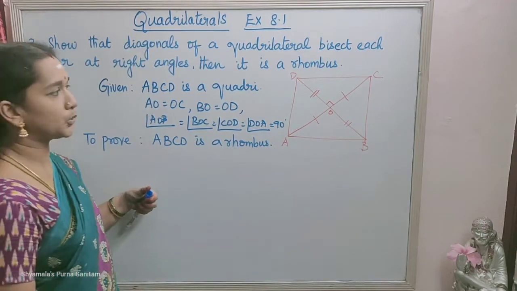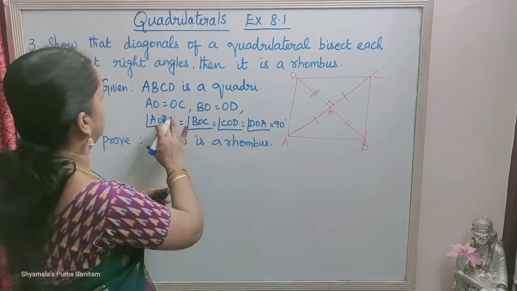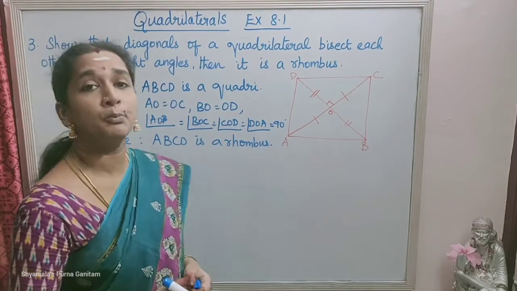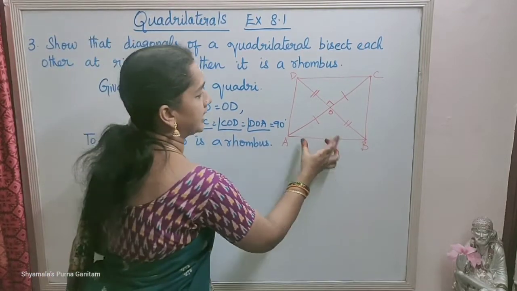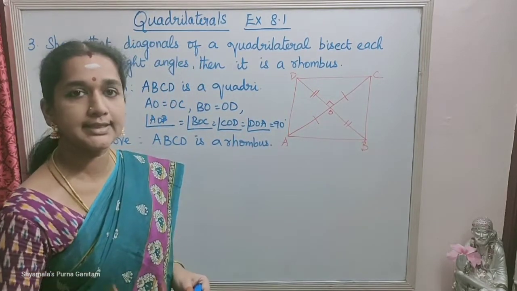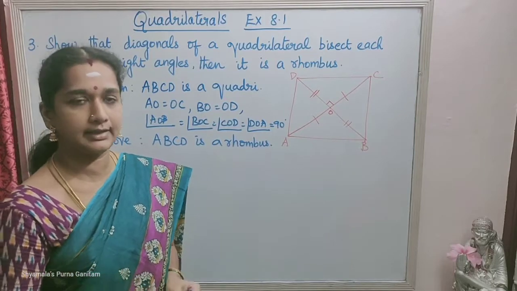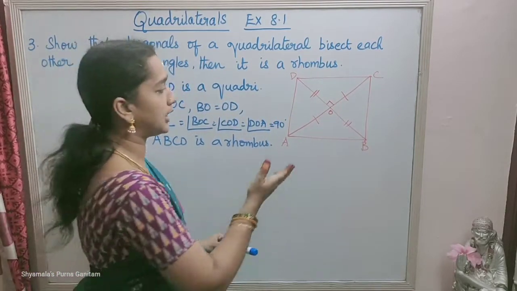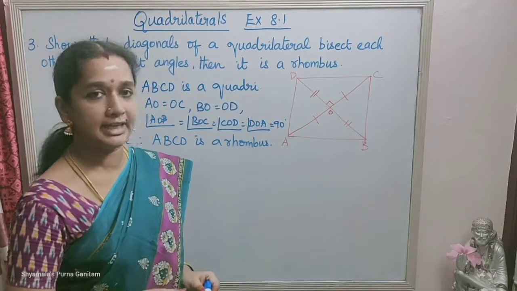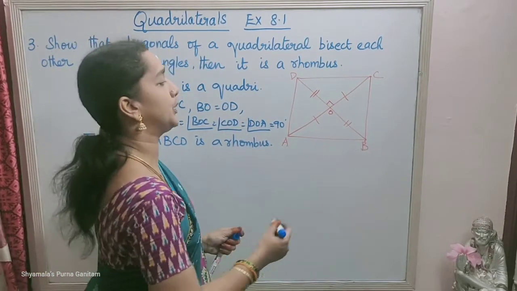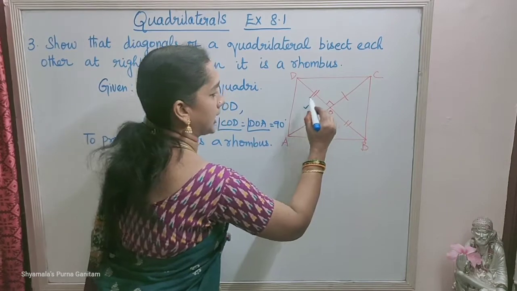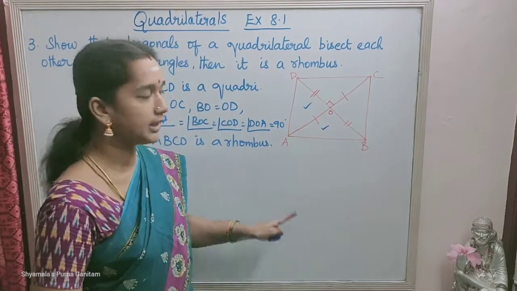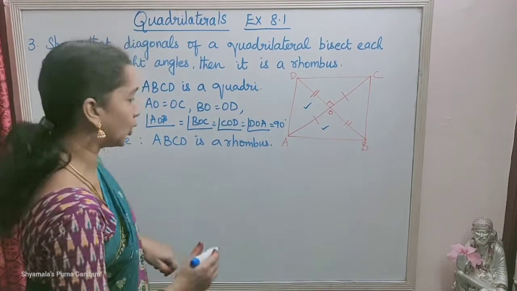So for proving this, these are the things given. For a rhombus, the diagonals bisecting each other at right angles is already a property. We just need to show that the sides are equal in length. For proving that, we will take these two triangles, triangle AOB and triangle AOD.